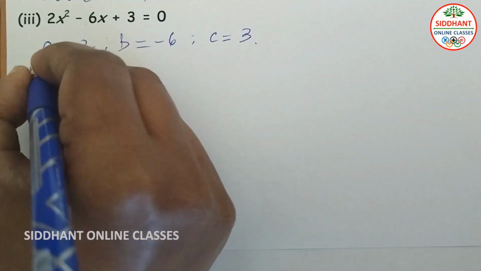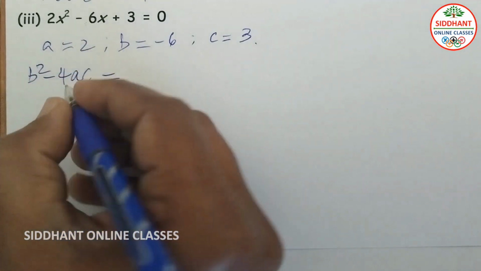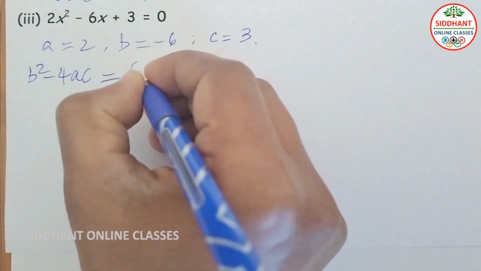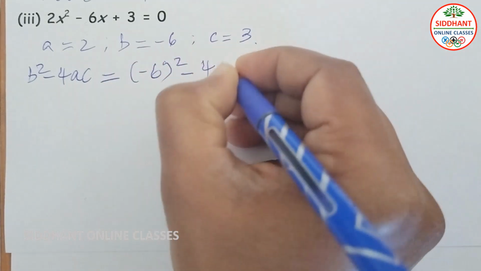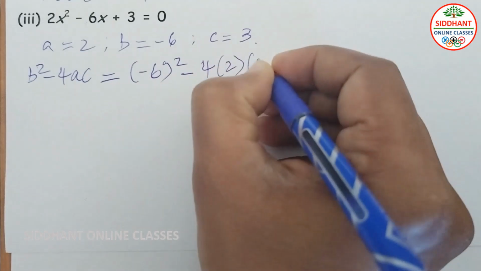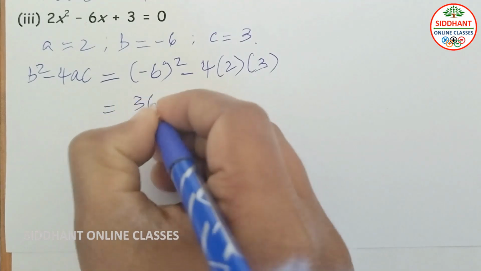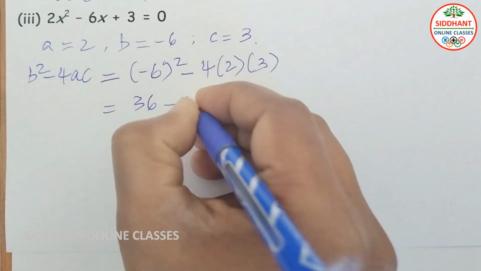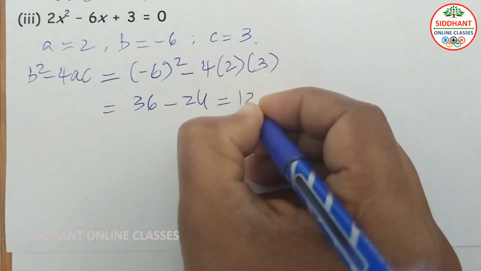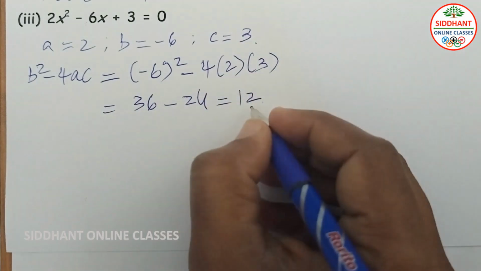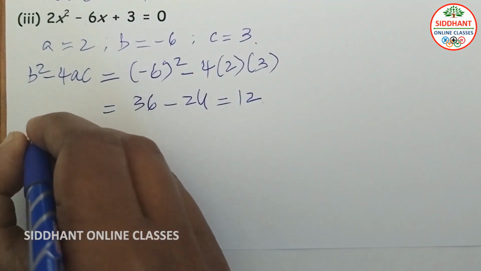So we are going to check the discriminant b² − 4ac, where b is (−6)², 4 × 2 × 3 here. So that will be 36 − 24. So that will be 12. So the discriminant is greater than 0.